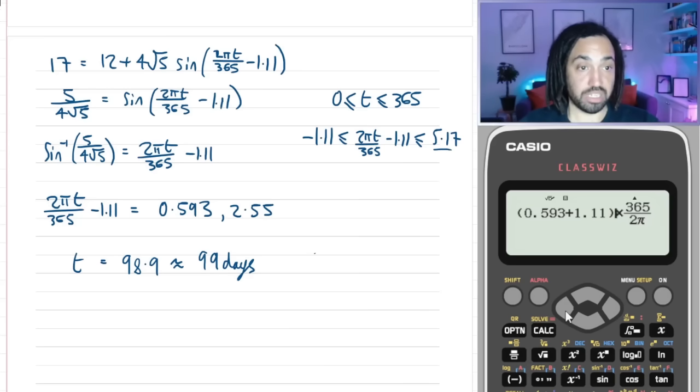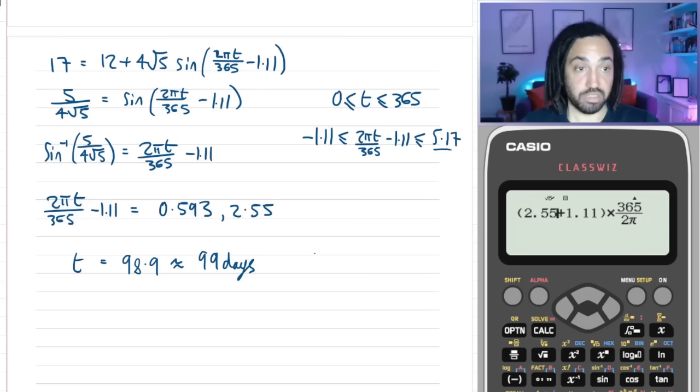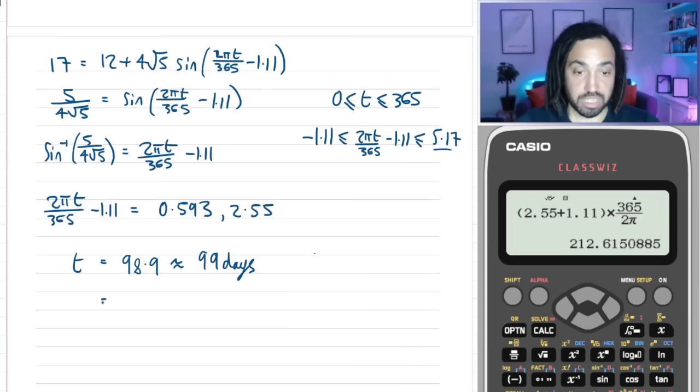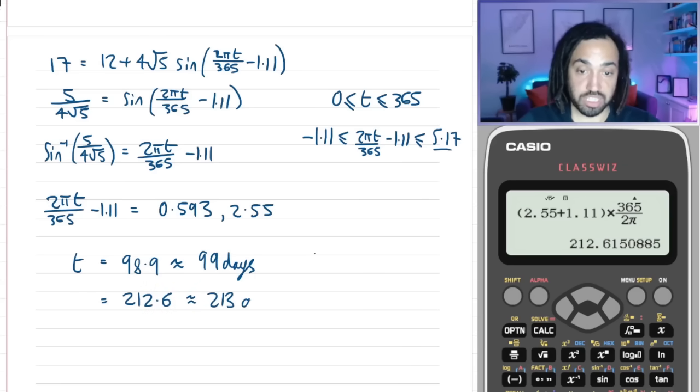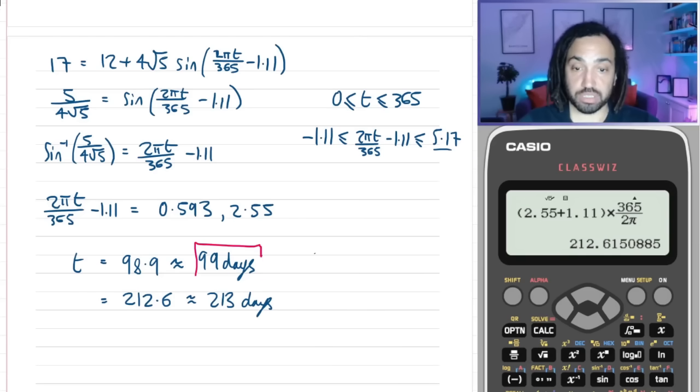By doing it like this on my calculator, it just allows me to enter the second solution like so, and then just press equals. So that also gives me 212.6, which is approximately 213 days. And there we have it, our final answers in what was quite a beastly question.